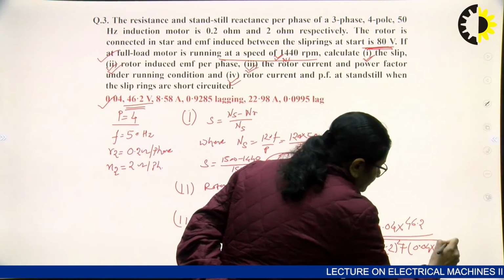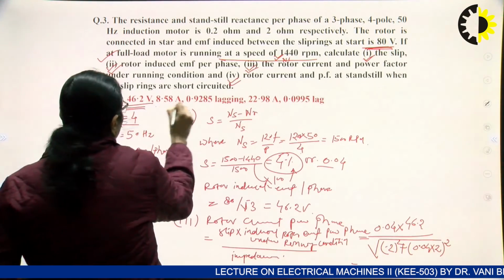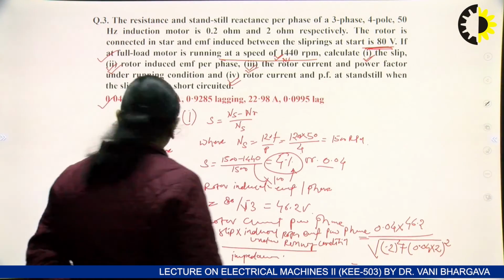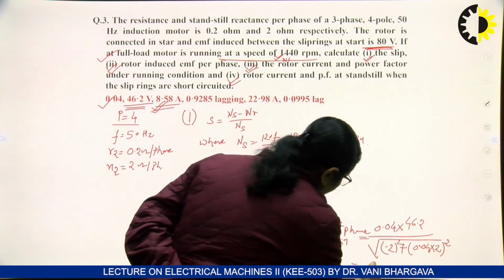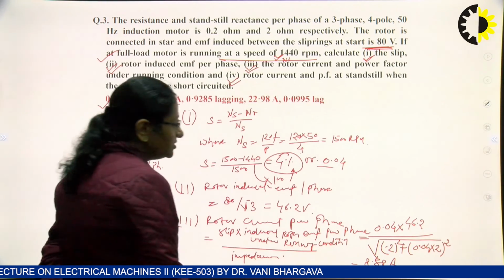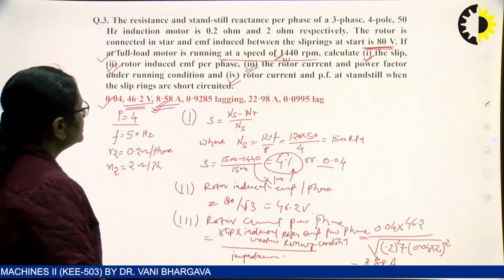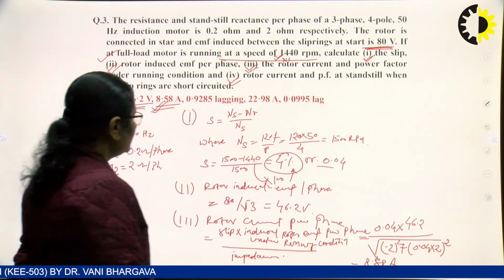It is S times X squared. Solving this, you will get a current of 8.58 ampere. Agreed? So this is the current in the rotor circuit under running condition.